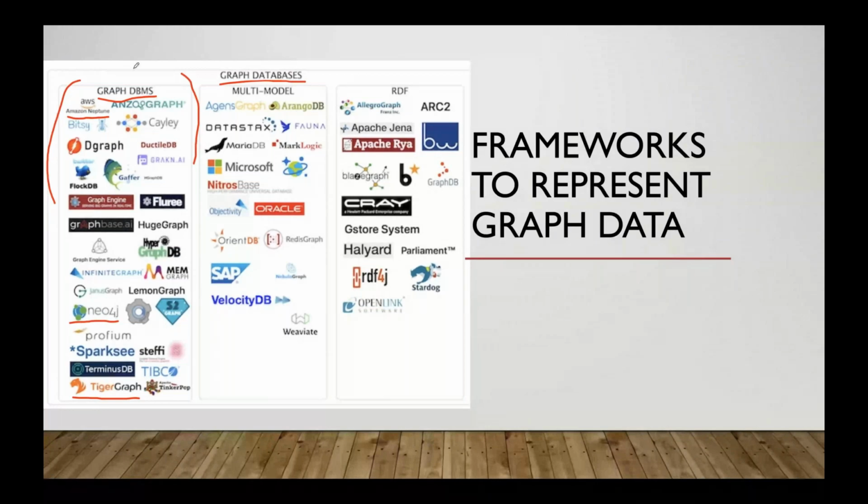Neo4j is the open source one, and AWS Neptune and Tiger Graph are predominantly popular in the area. There are various other frameworks also available that I'm not covering here.